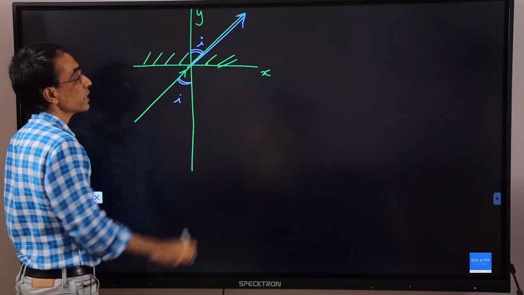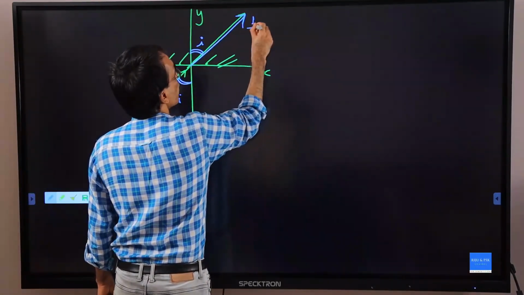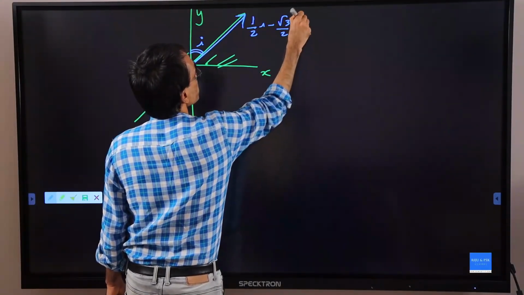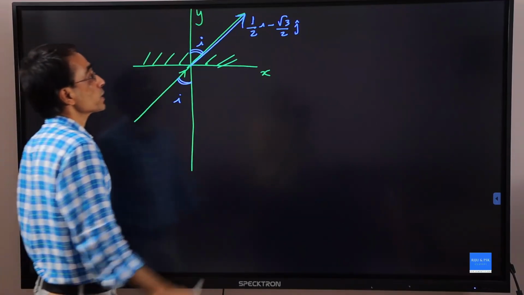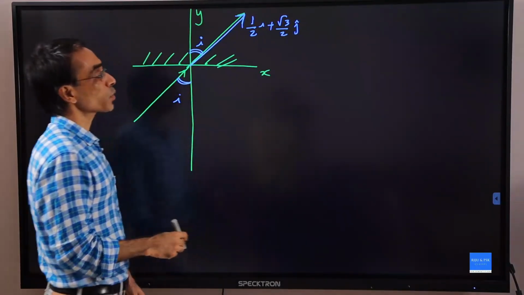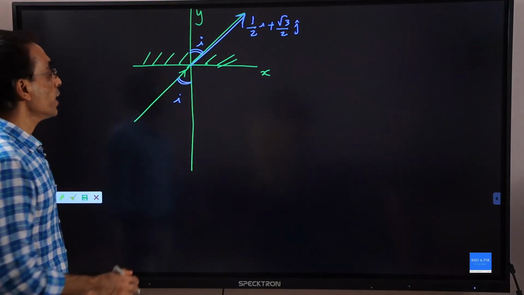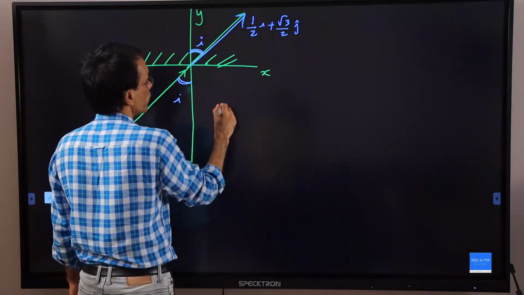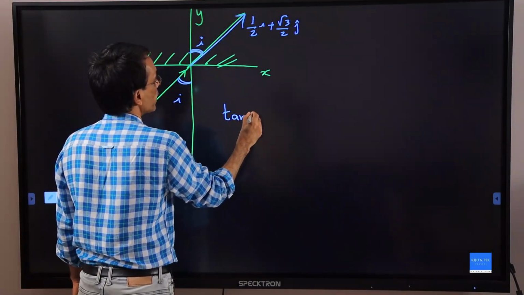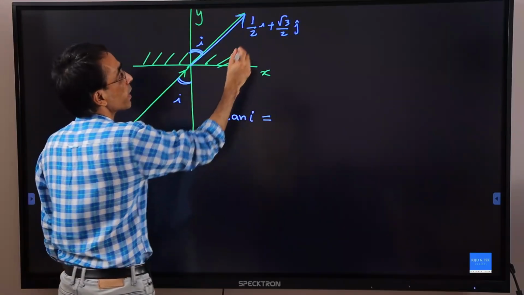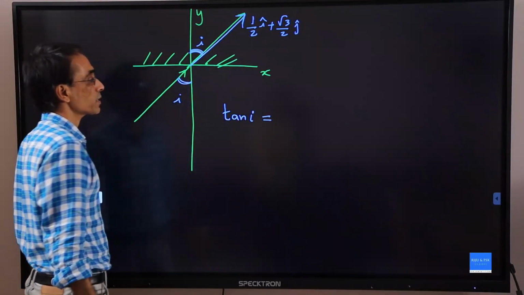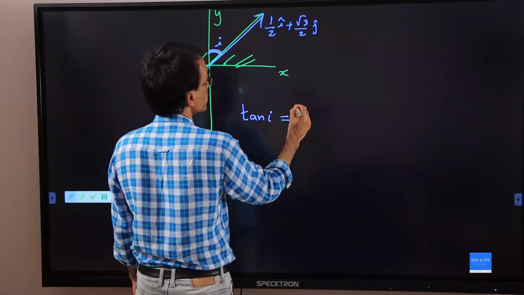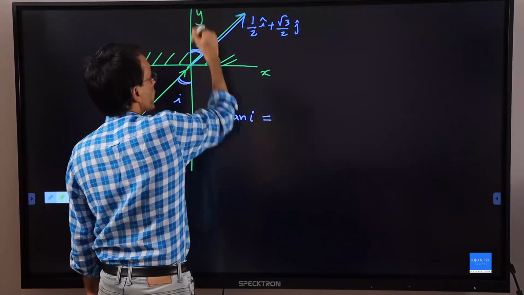This is the angle of incidence, and this angle of incidence will appear here. This vector is given by 1 by 2 i plus root 3 by 2 j in the first quadrant, and this is the angle made by the vector with the y-axis. We know tan i equals the x component by the y component.